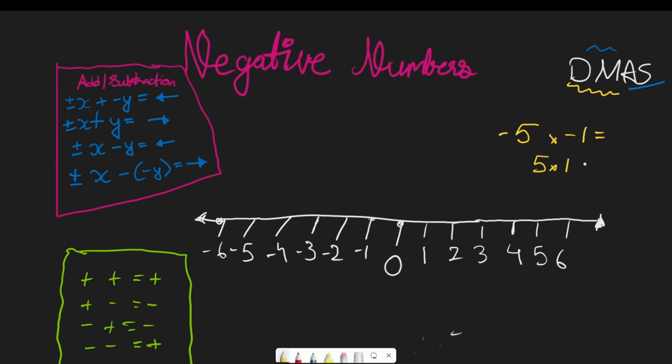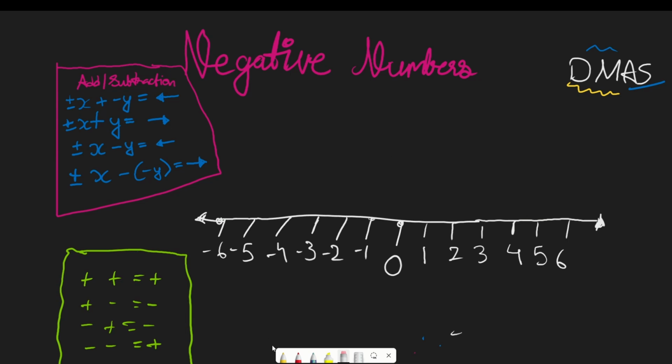And we now look at that table. Minus into minus gives plus. We have two minuses here. So 5 times 1 is 5. Minus minus is plus. So answer is positive 5. And that was adding, subtracting, dividing, and multiplying negative numbers.